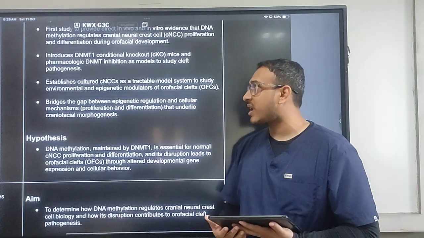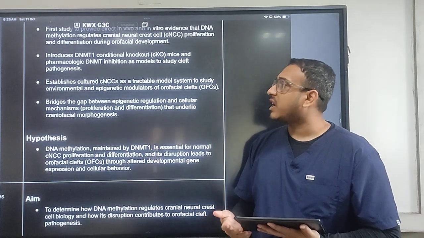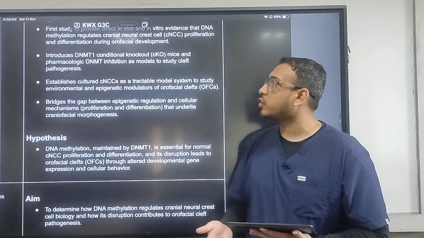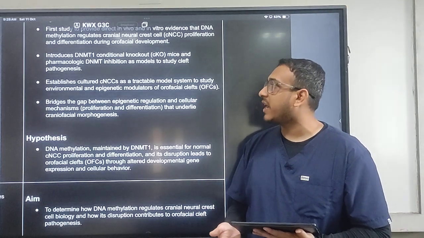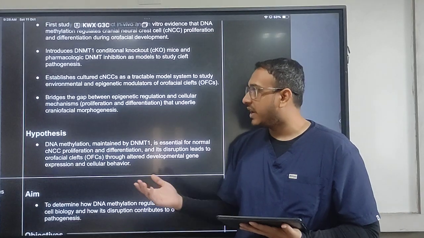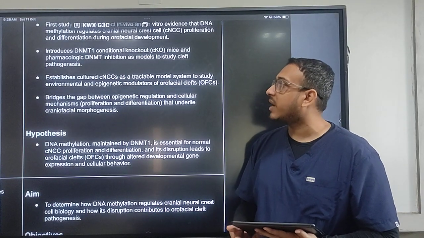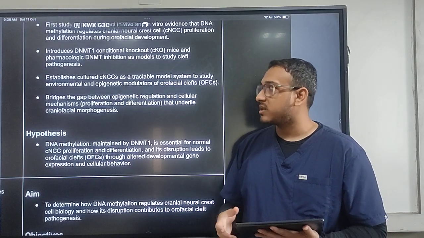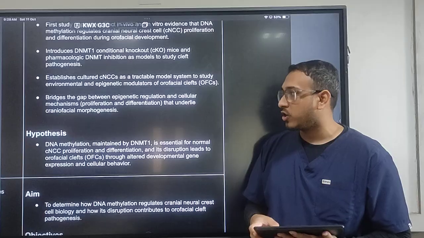They also established cultured cranial neural crest cells as a tractable model system to study environmental and epigenetic modulators of orofacial cleft. They try to bridge the gap between the epigenetic regulation and cellular mechanisms that underlie the craniofacial malformations.